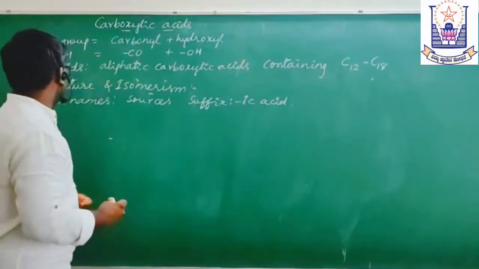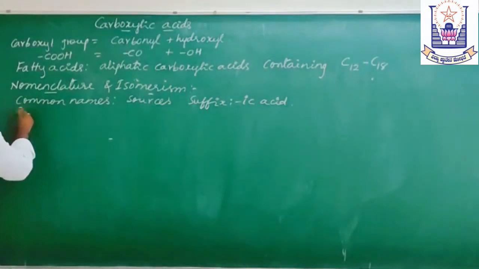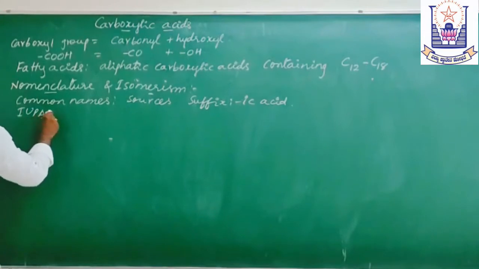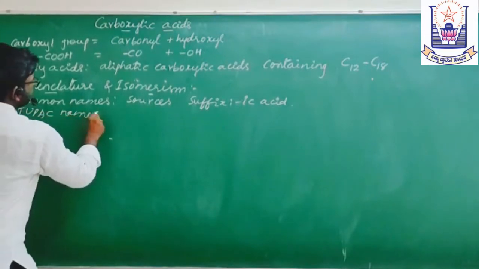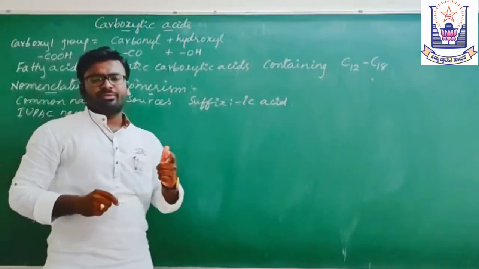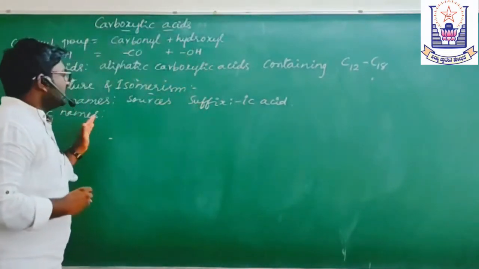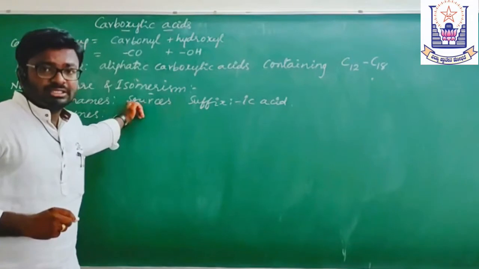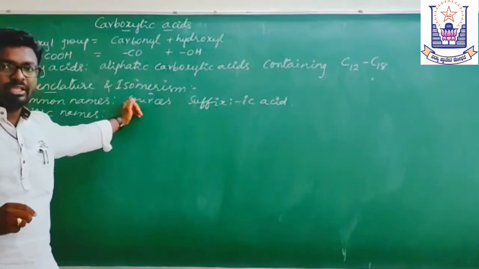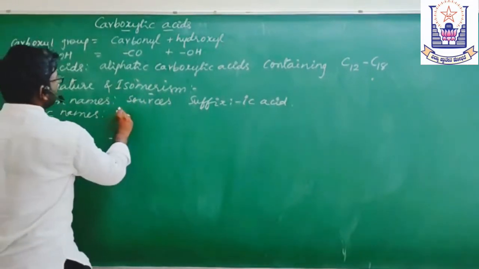In the IUPAC system, we need to follow a set of rules. We have to choose prefix, word root and suffix. These are not based on the sources, these are based on a set of rules. Here the suffix is oic acid.